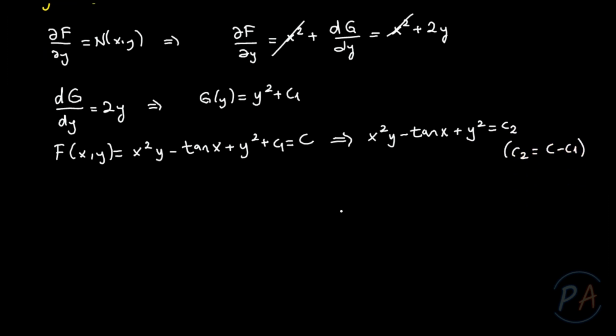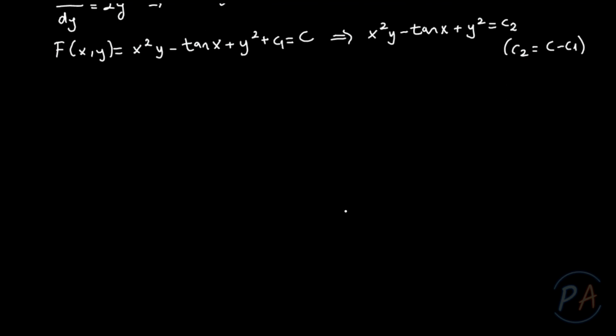So now I have to determine c2 by using the initial data. Since I know that y(0) equals 4, that means when x is 0, y is 4. So by using these values of x and y, I can determine c2.